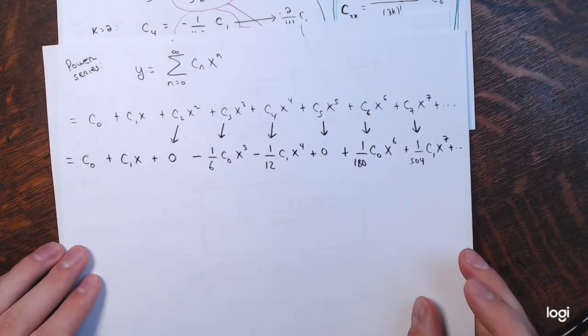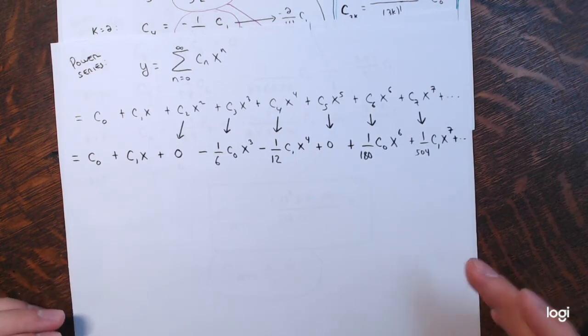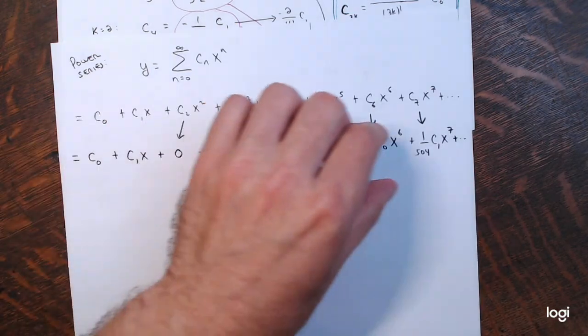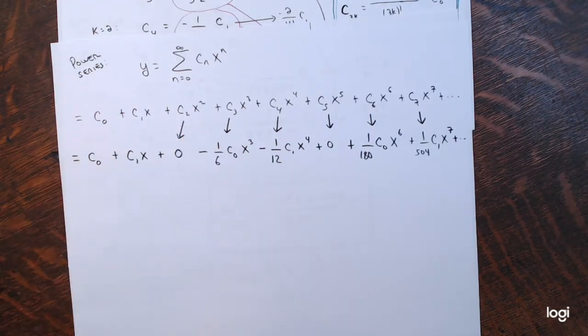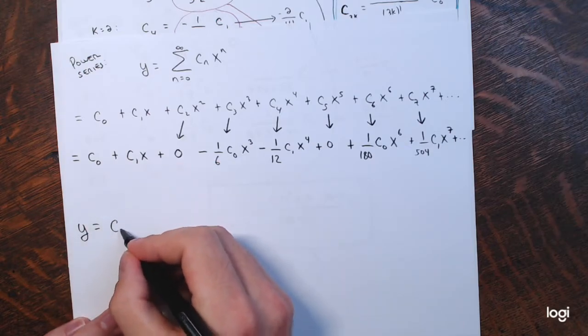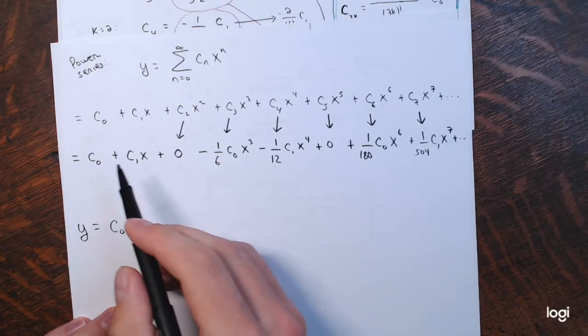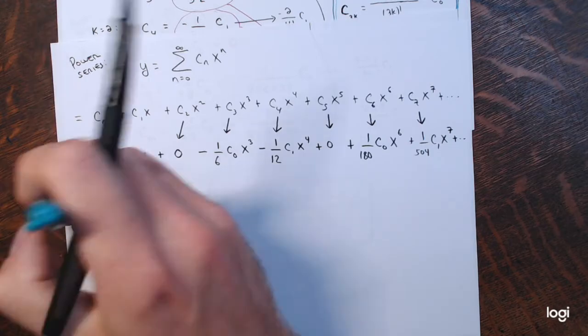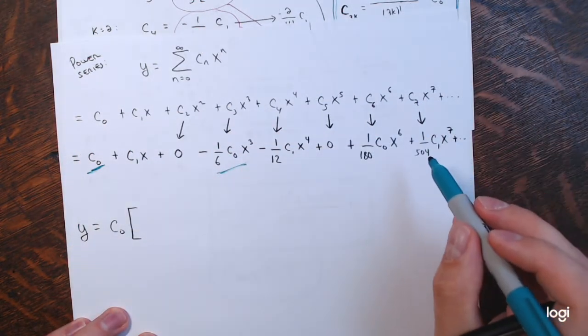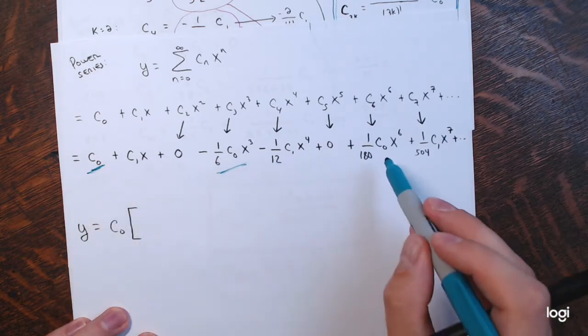All right. So as before, I see that my series here is a 2-parameter family, the parameters being c sub 0 and c sub 1. So you get y equals c0 times the following sum. If you look at all the terms with c0, it's every multiple of 3 power.